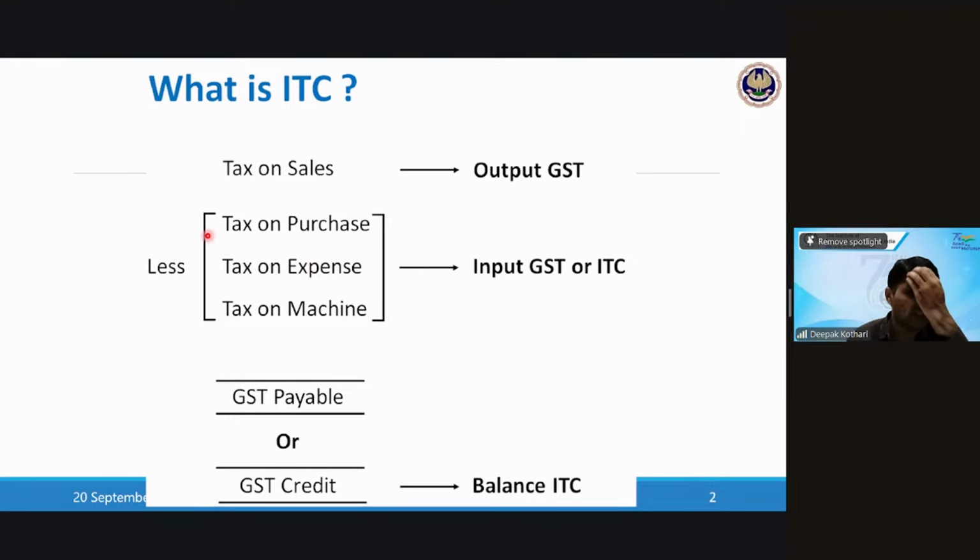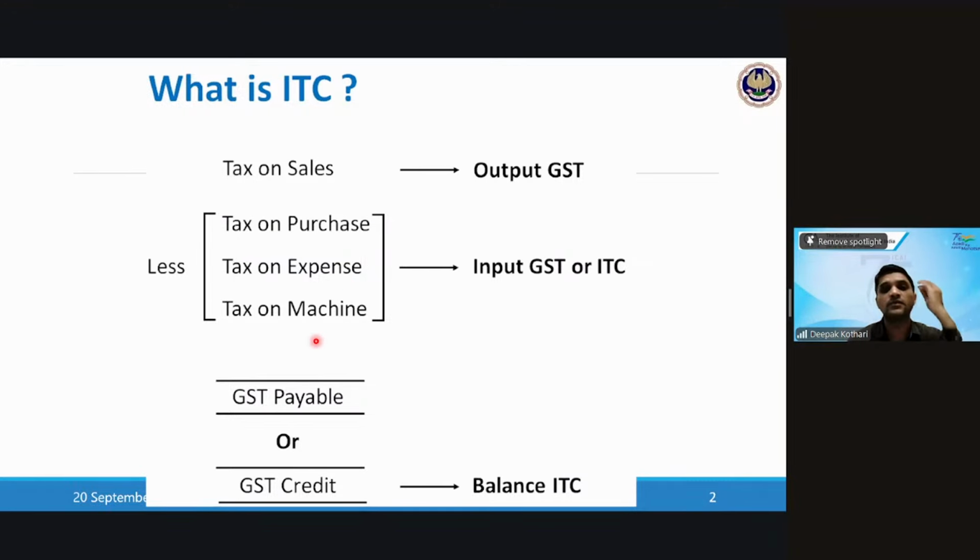The tax you pay could be on purchases. If you're a trader, you're buying something and selling something, so when you buy, that is the tax on purchase. Apart from buying, you may incur expenses, and that is also input tax credit.